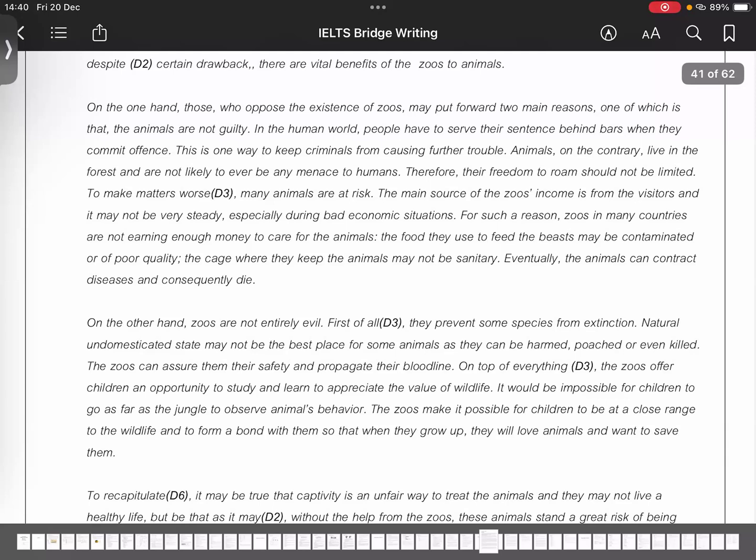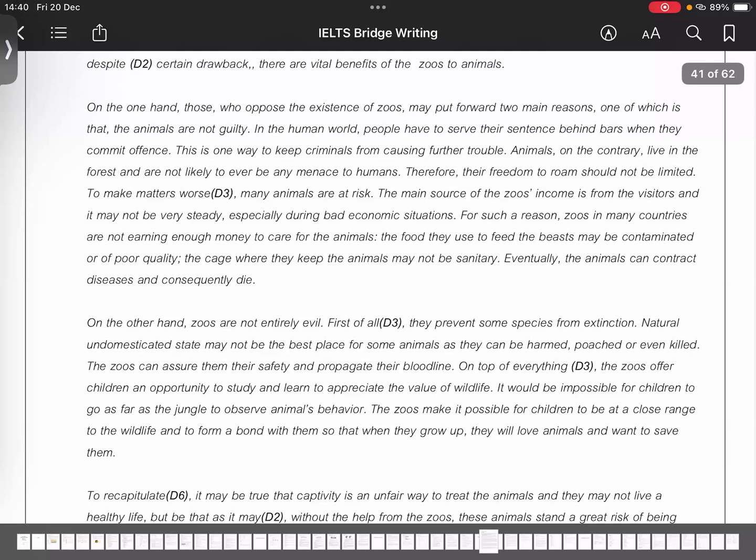You cannot just take your kids to the jungle because it's too dangerous, and you probably don't know how to handle all those wild animals anyway. But if you take the kids to the zoo, right? The animals at the zoo, they have been tamed. They have been trained, and there are personnel who know what to do.